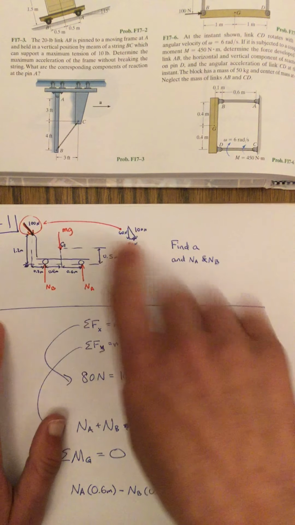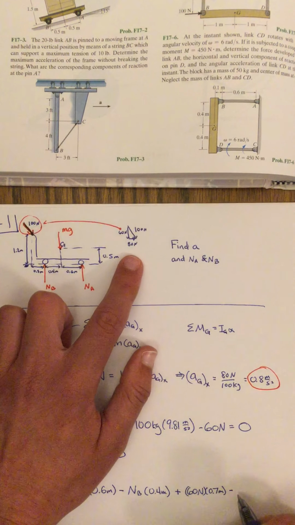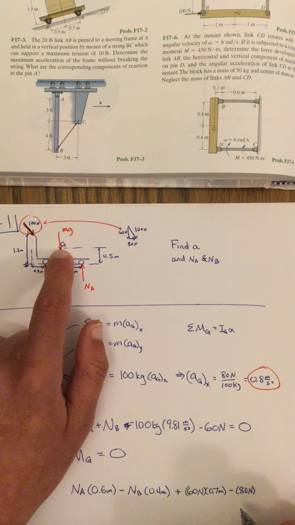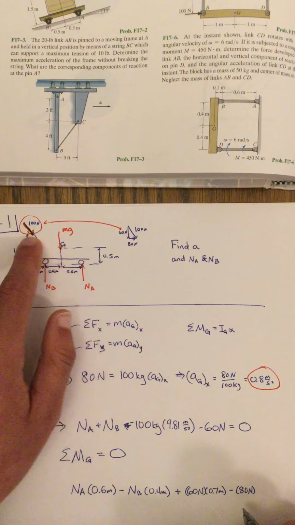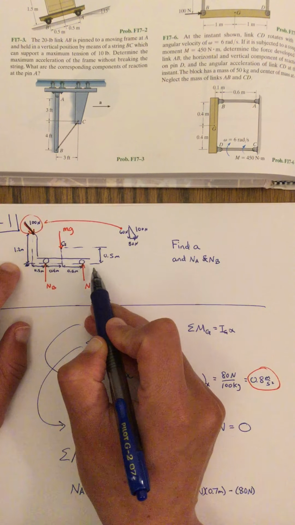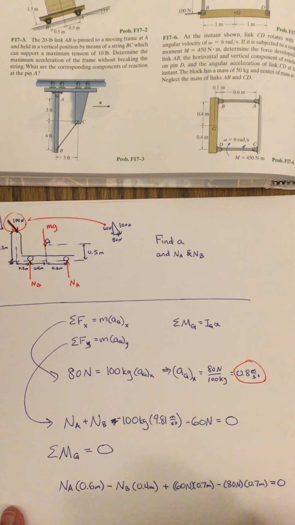And the x component would cause rotation in the negative direction. So that's minus 80 newtons. And the distance in the vertical direction from the mass center to where the force is acting, this whole distance here is 1.2, and this is 0.5. So that is 0.7 also. And because the angular acceleration is 0, this is equal to 0.